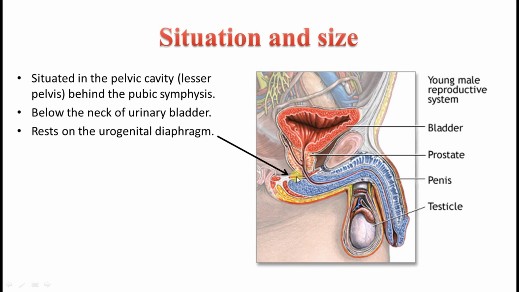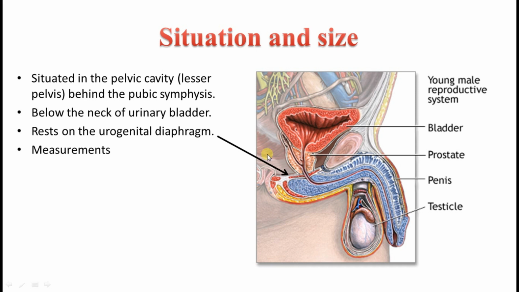The apex of the prostate gland rests on the urogenital diaphragm. It is situated behind the pubic symphysis in the lesser pelvis, below the neck of the bladder and in front of the rectal ampulla. Behind, you can find the rectal ampulla.